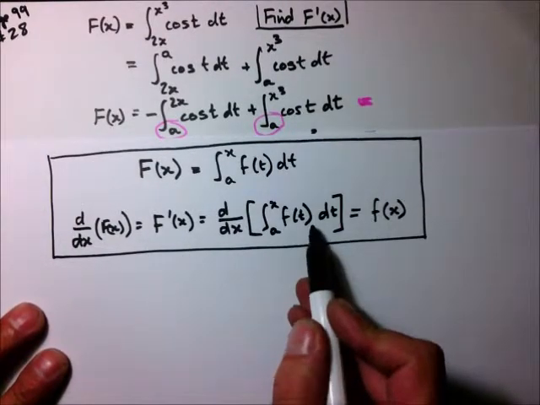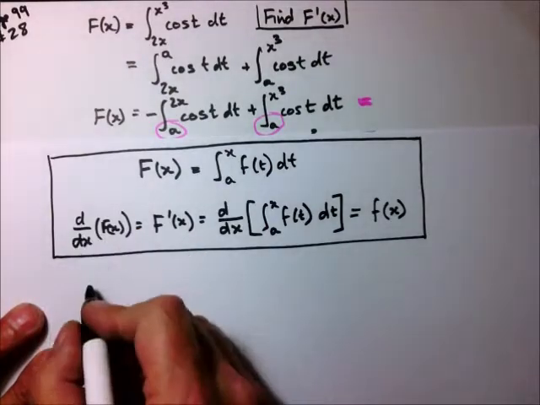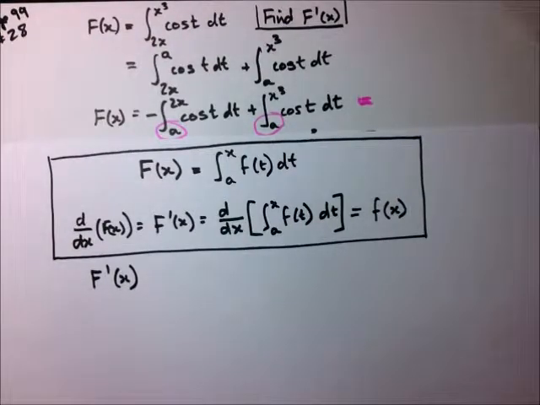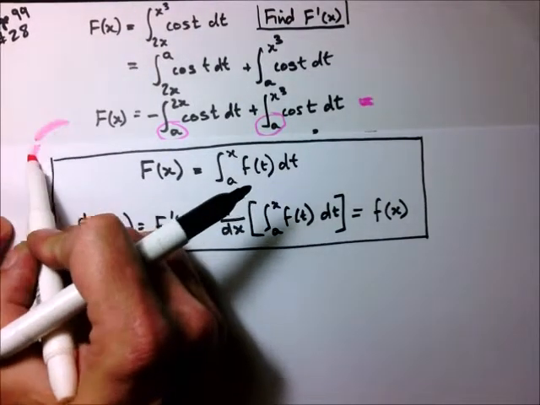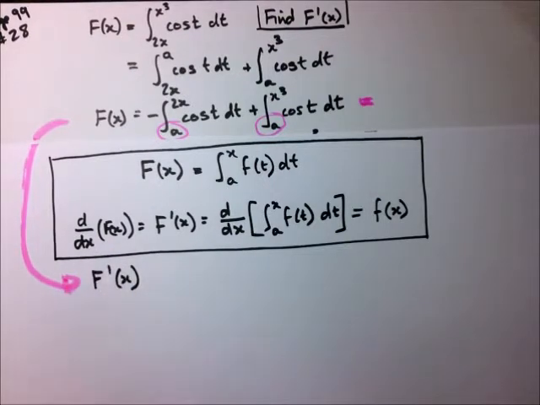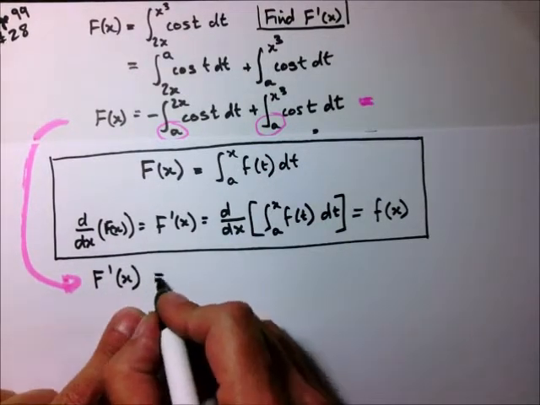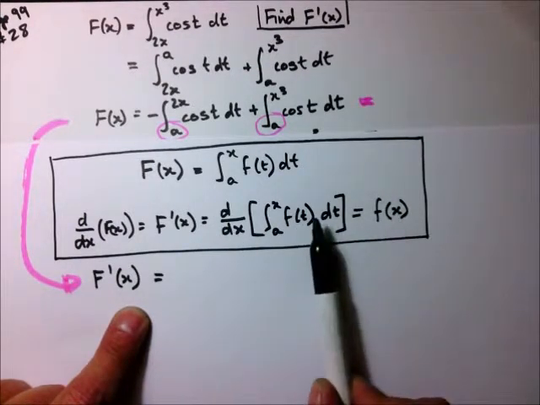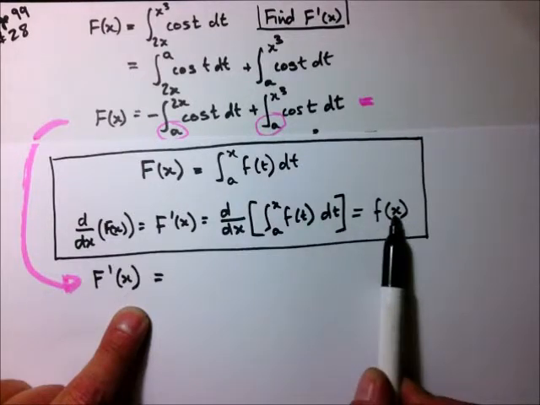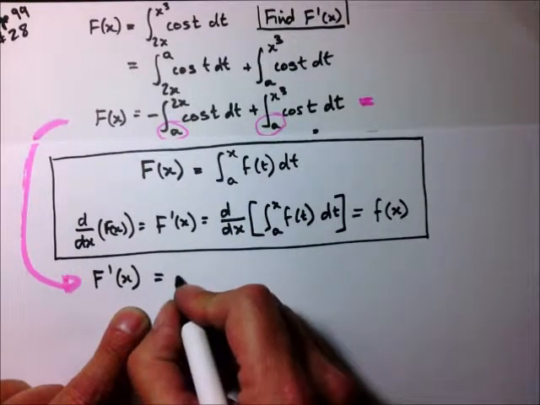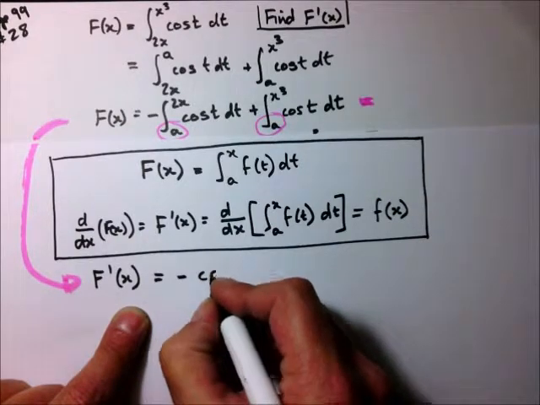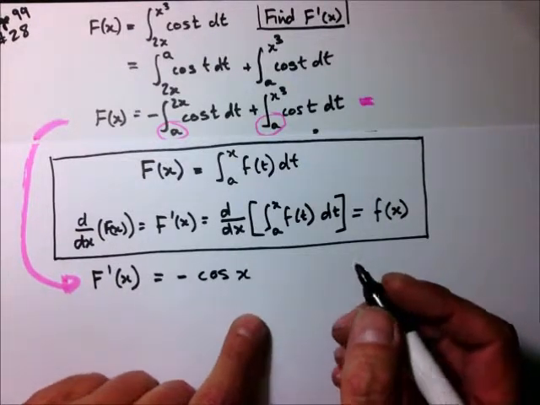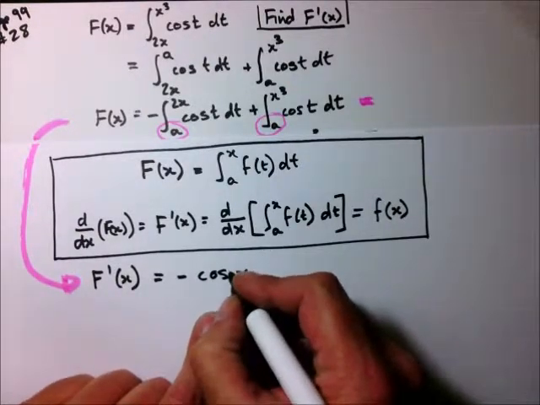Now let's apply this fundamental theorem to solve our problem. So we would then have F prime of x, coming from this line here, is equal to, and all we need to do is substitute the x for the t. So we have minus cos of x, and we have cos of 2x.